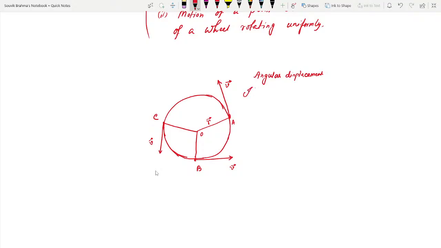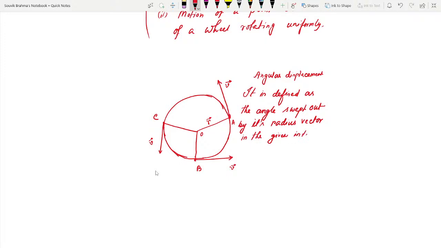It is defined as the angle swept out by its radius vector in the given interval of time.